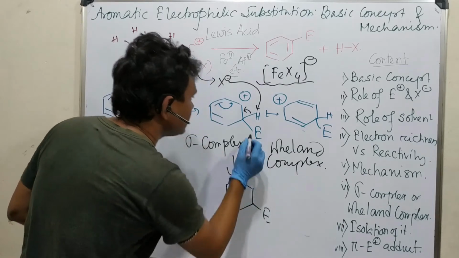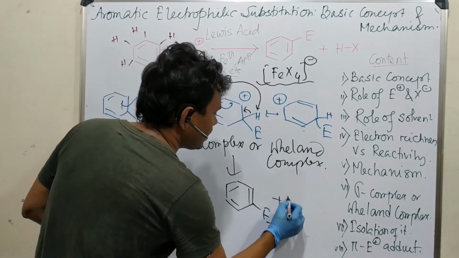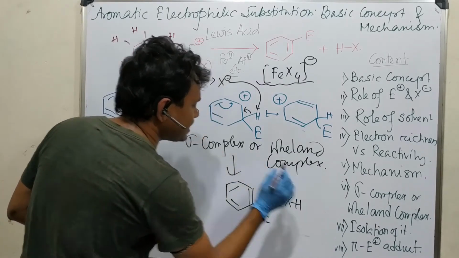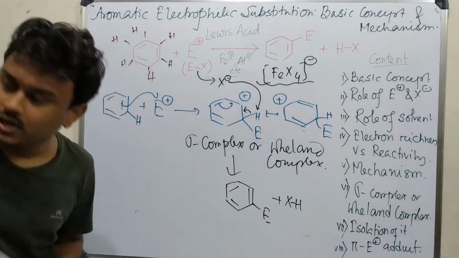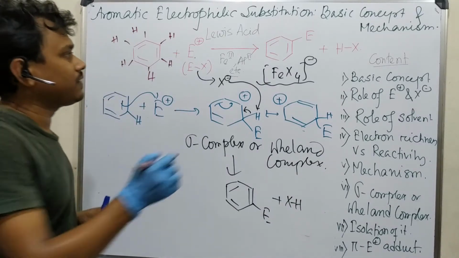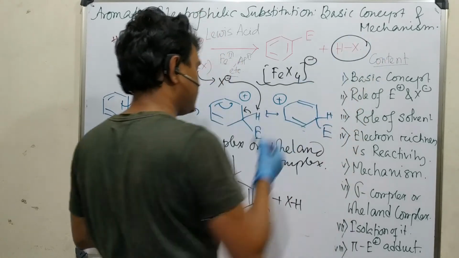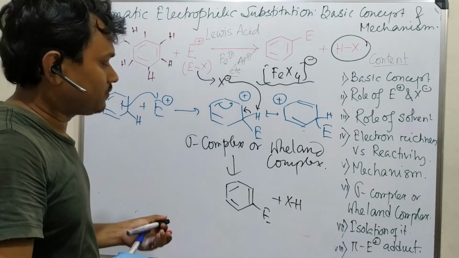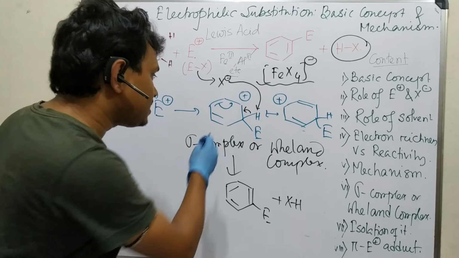This is E, and this is the double bond, and HX. This X abstracted H. So you can now clearly see that whatever we have written here, HX, we have this HX.